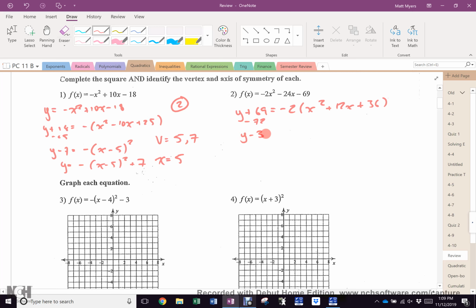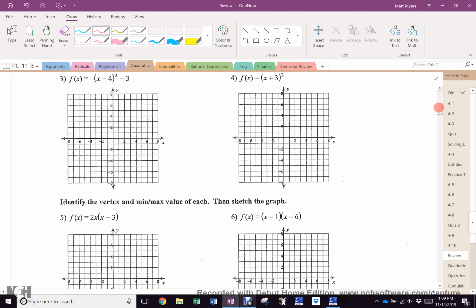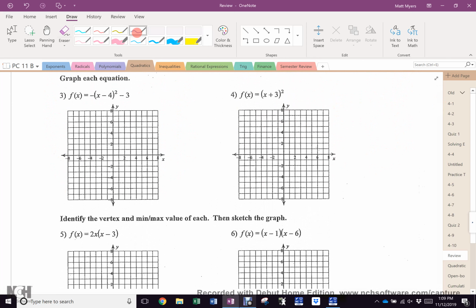Y minus 3 equals negative 2x plus 6 squared. Y equals negative 2x plus 6 squared plus 3. Vertex equals negative 6, 3. Axis of symmetry, x equals negative 6, for 2 marks. Stop me if you need to, but you shouldn't because you're just marking your own work.